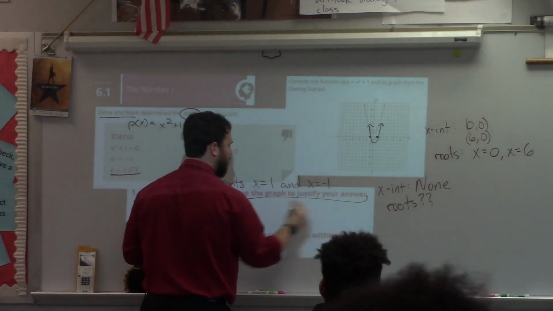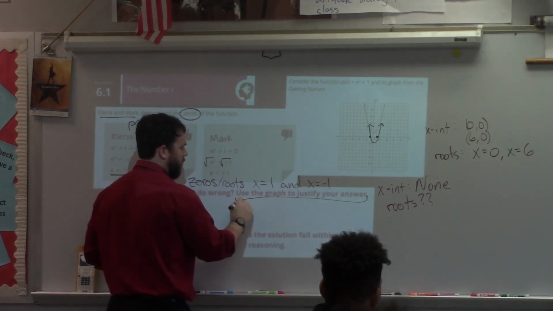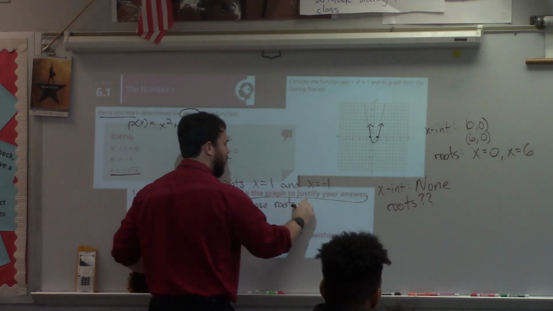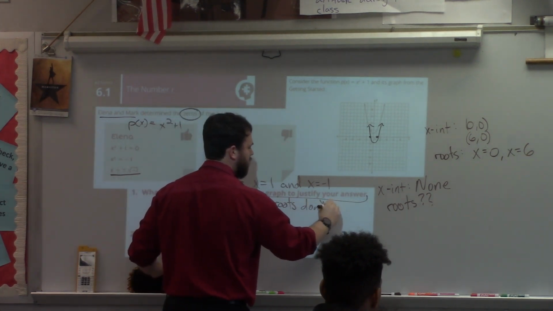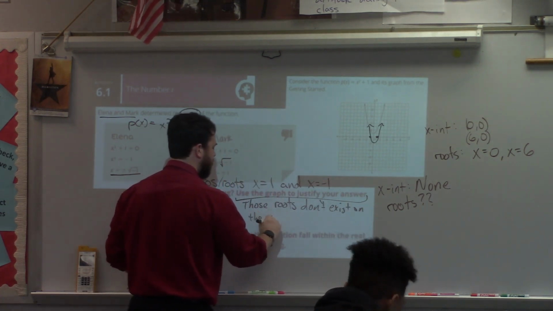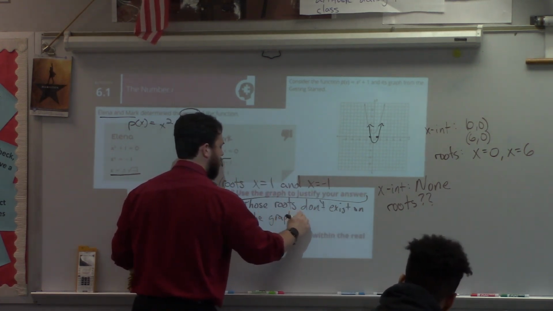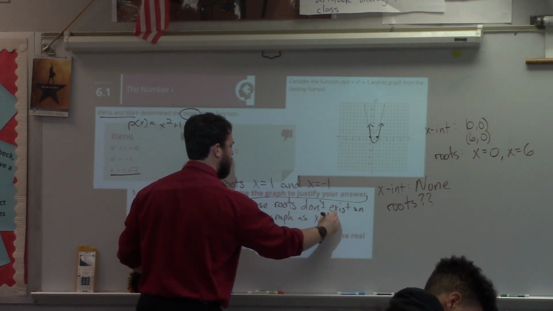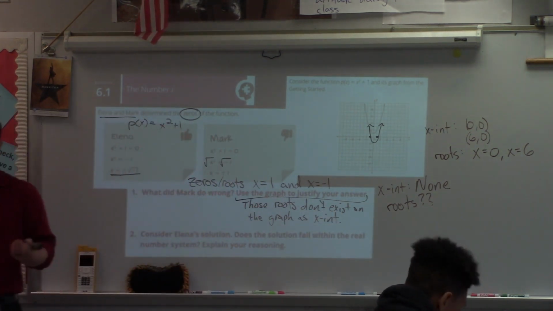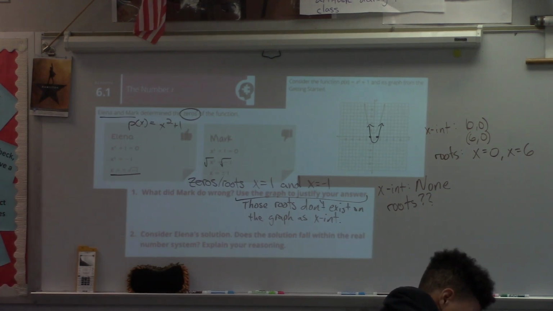So right here, those roots don't exist on the graph as x-intercepts. If those roots are not x-intercepts on the graph, then they don't exist.